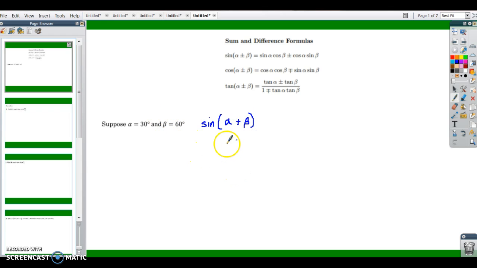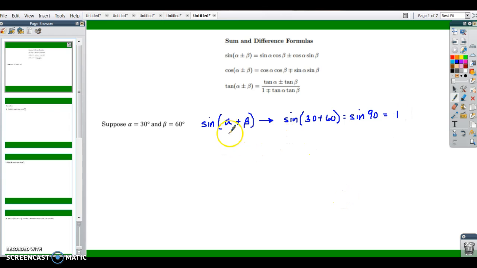If I substitute it in, then I'm doing the sine of 30 plus 60, which would just be the sine of 90. And we know that the sine of 90 is 1.